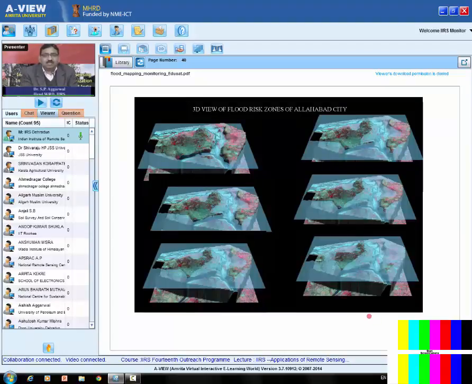With the same command, you can see here this is the river which is flowing. This is the Ganga river, this is the Yamuna river, and you can see the 5-year return period. Only a small area is flooded, and the main city is still fine. For a 10-year return period, more area, 25 years, more area, 50 years, more area, and for 100 years, the maximum area is covered.